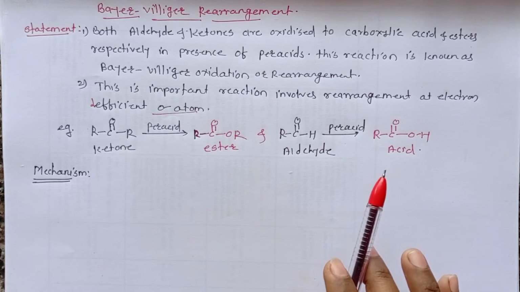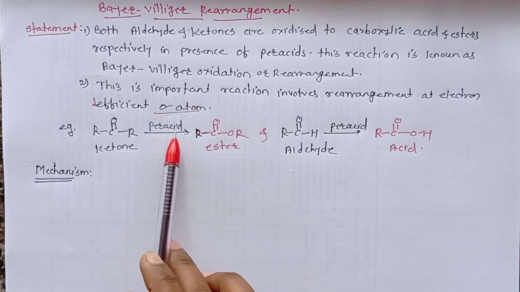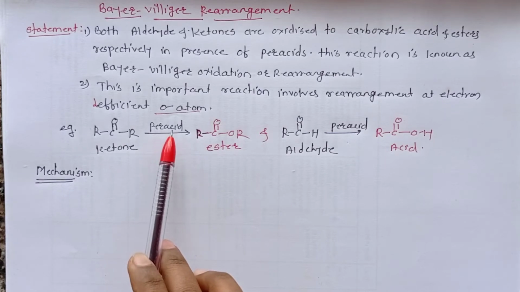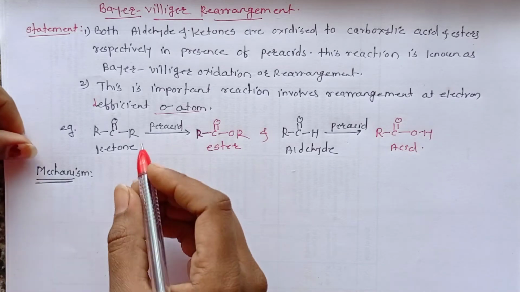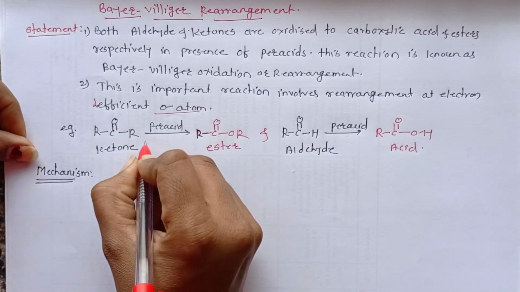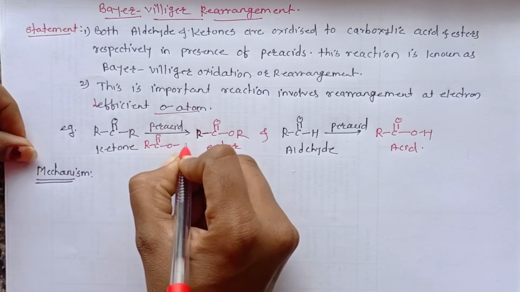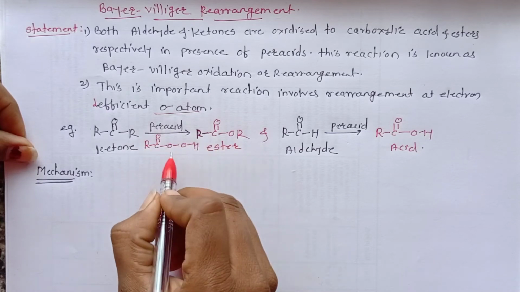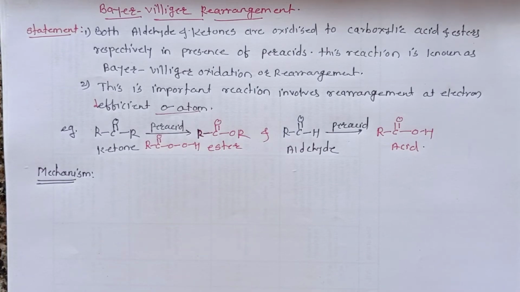So for example, we take here ketone in presence of per acid. Per acid means in acid we have to add one oxygen atom, for example, R C double bond O O OH. So addition of one oxygen, that is a per acid.